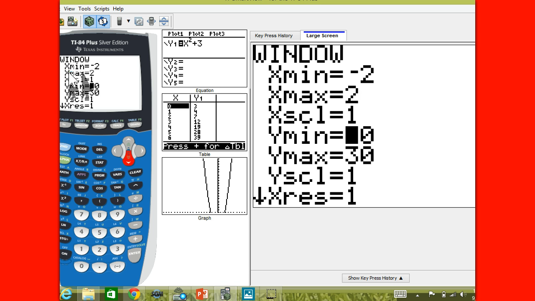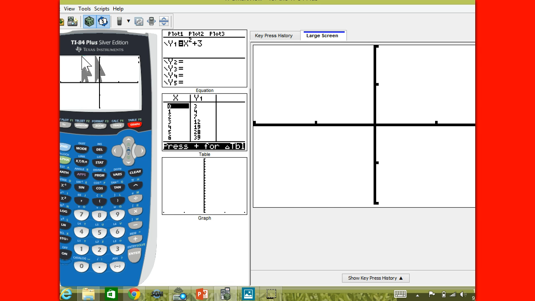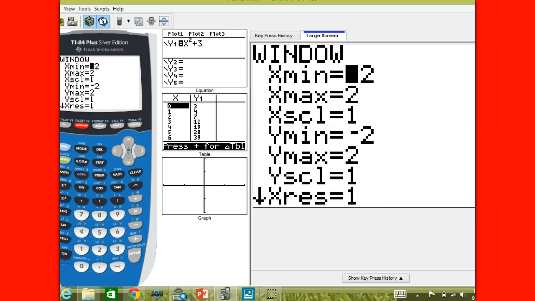And same thing on my y values, to go from -2 to 2. So if I graph that, is that a good viewing rectangle for that graph? No, I don't have anything there. So let's try B. For B, they told me to go -4 to 4 for x and y.